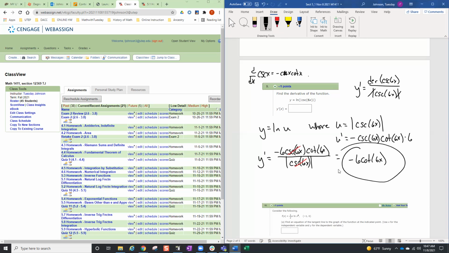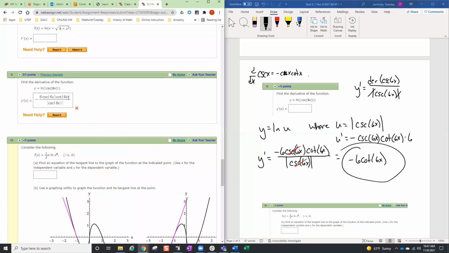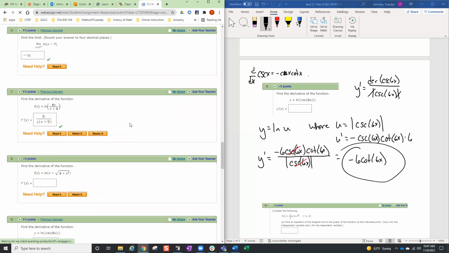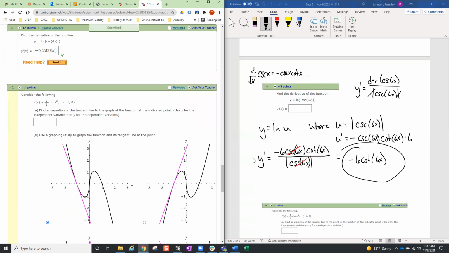And we have our answer. Minus 6 cotangent of 6x. I'll even make sure it works. All right, fantastic.